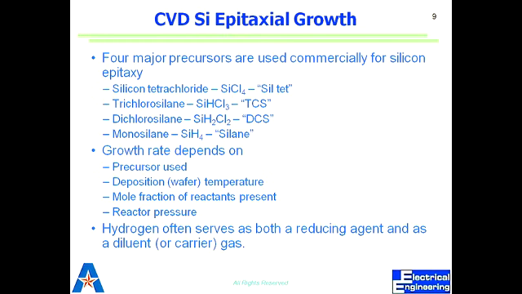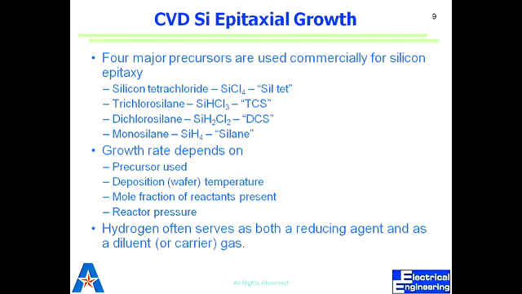Different recipes are used for silicon: TCS, silane, and SiH2Cl2, and of course, just like CVD, growth rate depends on what recipe we use, what the temperature is, and what the fraction is. Fraction was the word, not the concentration. So the fraction of material, how much of which one we are using, and what the pressure is inside.